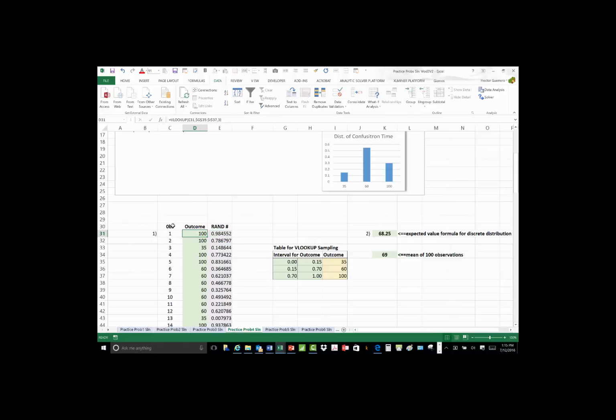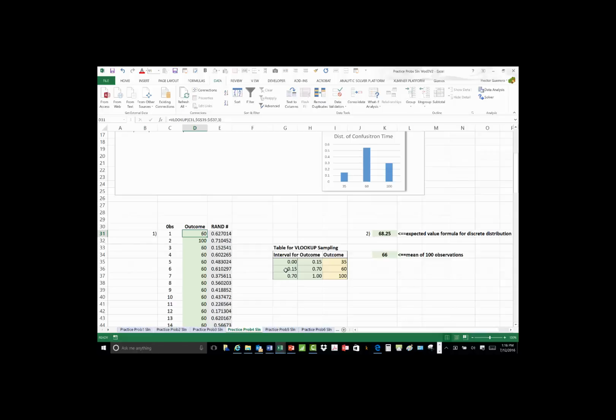So the VLOOKUP says, take this value, go over to a table. My table is these 3 columns, and look up the value that's associated with my random number. So for example, 0.984552 is larger than the largest value here, so it's going to return 100. What about the next? It just changed. Let's try this one. Why did this return a 60? Well, it took this random number, 0.627, went to this table.